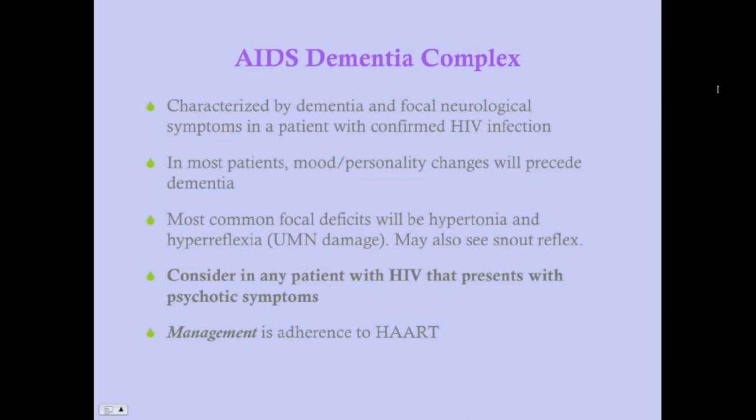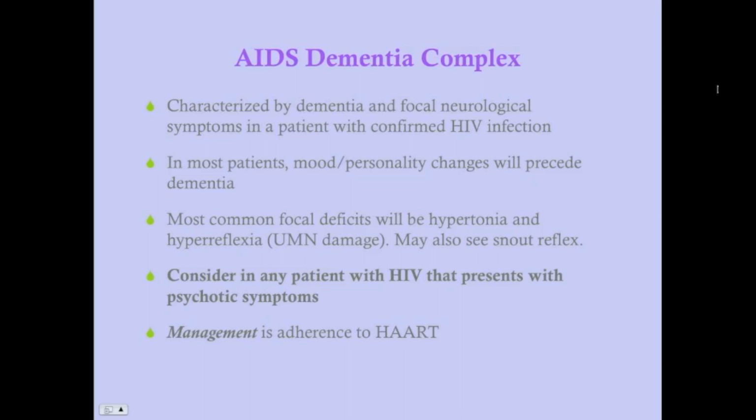And so the mood and personality change that precedes the dementia is going to be what sets apart AIDS dementia complex from vascular dementia. Okay, so they both have focal neurologic symptoms, but unlike vascular dementia, you're going to see mood and personality changes before the dementia.